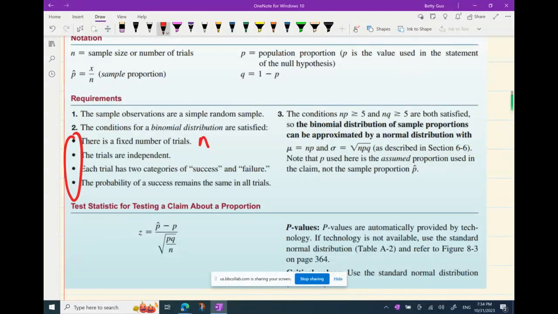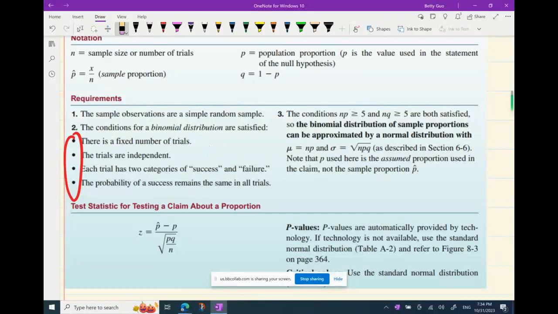All the n trials are independent. They do not affect each other. Each trial has 2 categories, success and failure. The outcomes of each trial can be classified into 2 categories, success and failure. And the last one, the probability of success for each trial remains the same. So that's the second requirement.